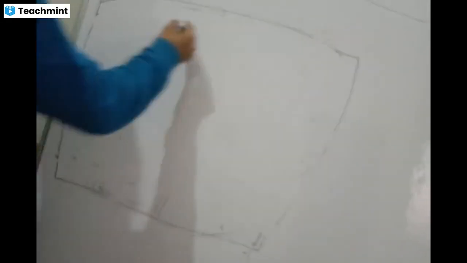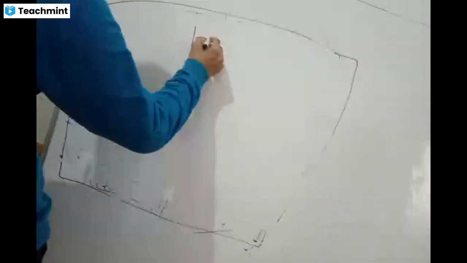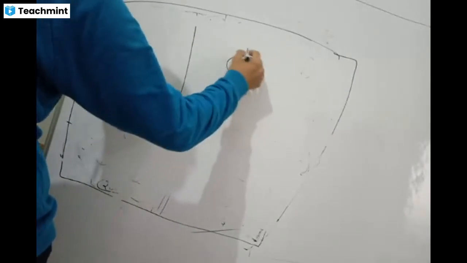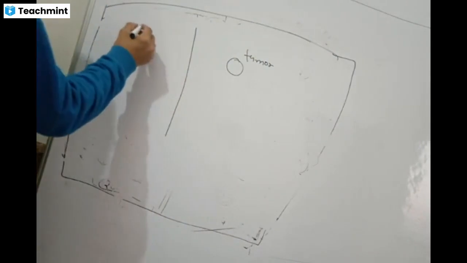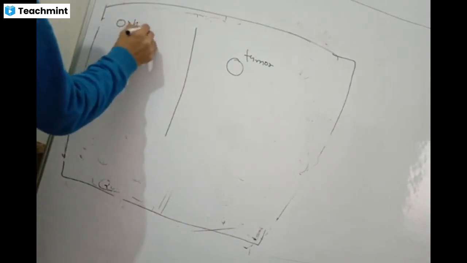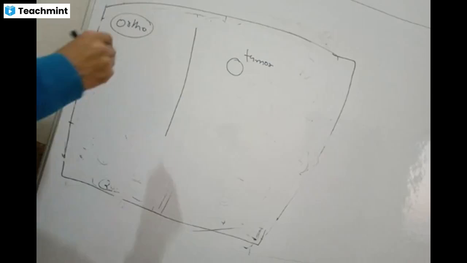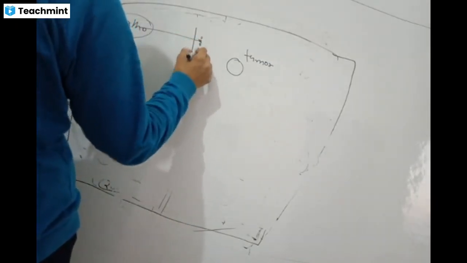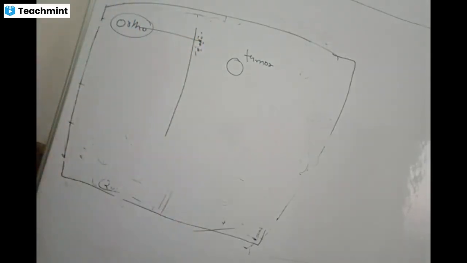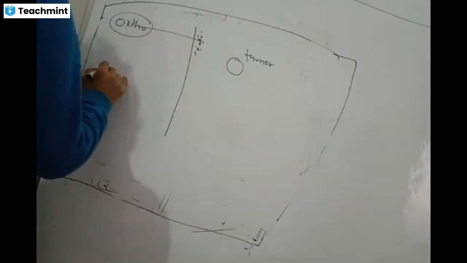Suppose this is the skin and this is the tumor. If we are using ortho voltage, these are of low energy, they will deposit their energy near the skin.